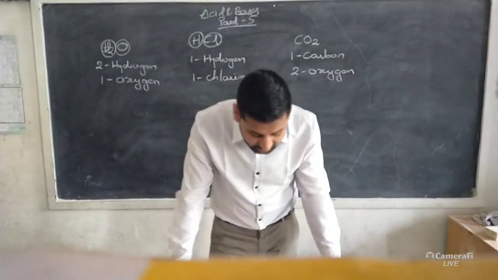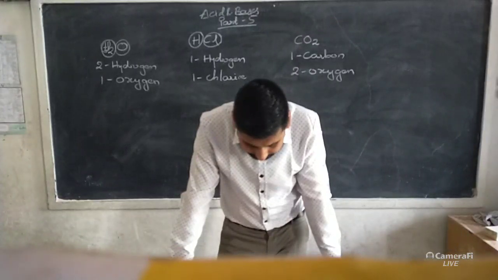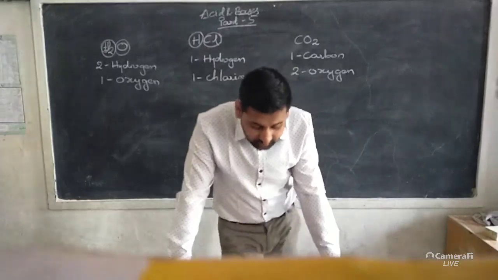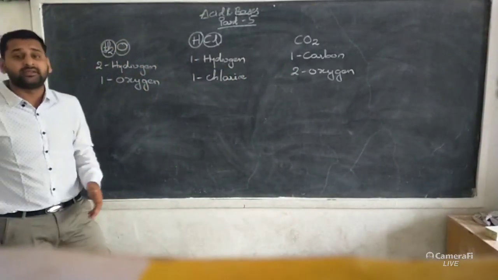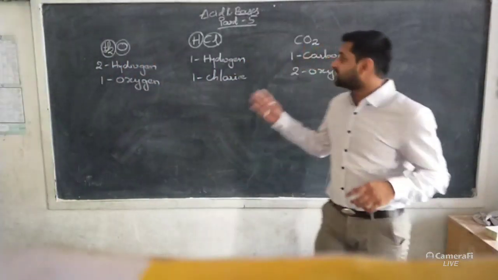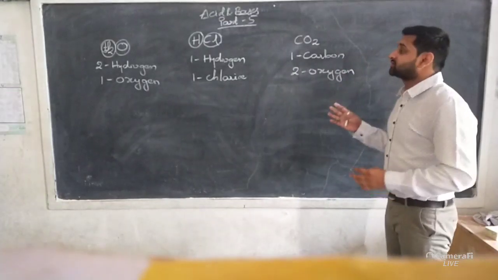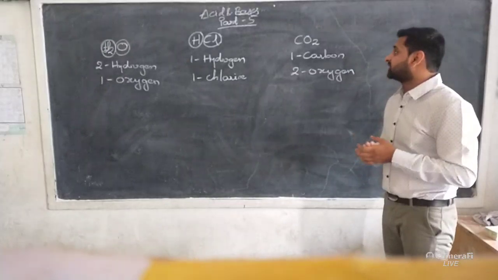Can I see any answers coming? Okay, hydrogen 2 and oxygen 1. Fine. What is the reason behind taking these values for hydrogen 2, HCl and CO2?